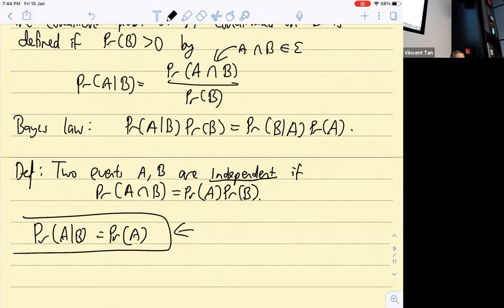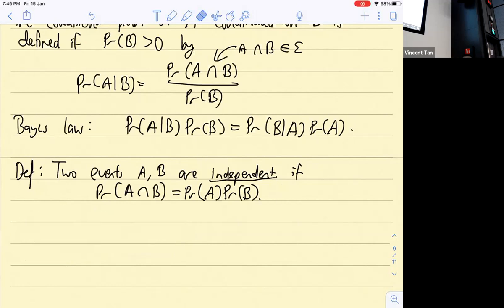Why don't I want to do it? Because it will restrict the sets that I can deal with. Because this object can only be defined, from what we have learned, for B's whose probability is positive. So I've restricted the pairs of sets that I can talk about being independent. Whereas if I use this definition, any events are okay to be classified as independent or not independent.